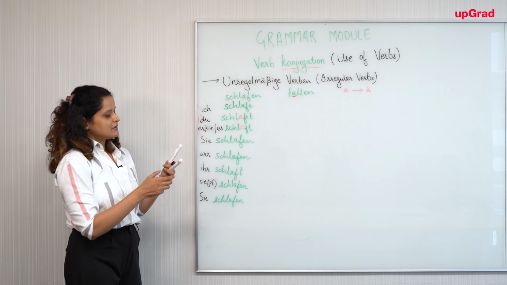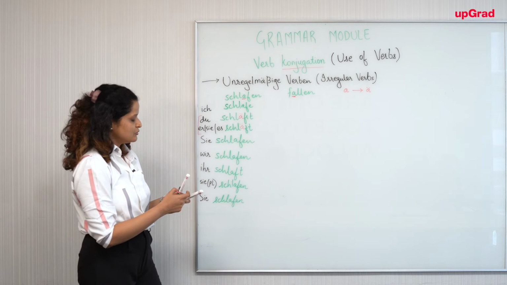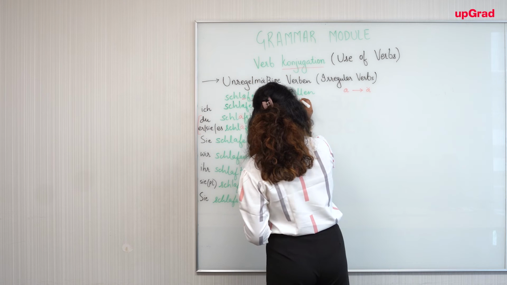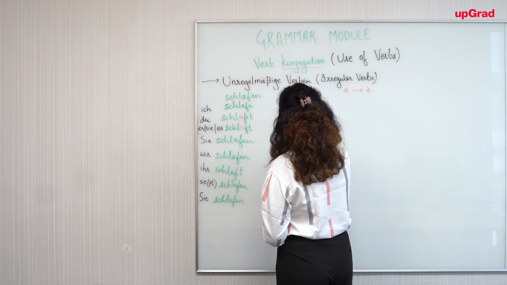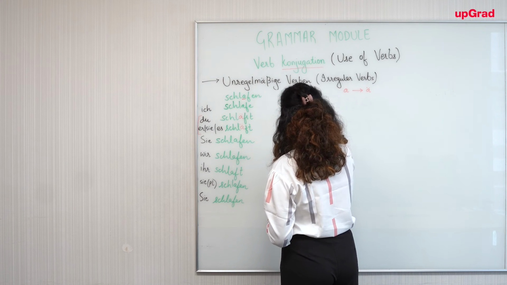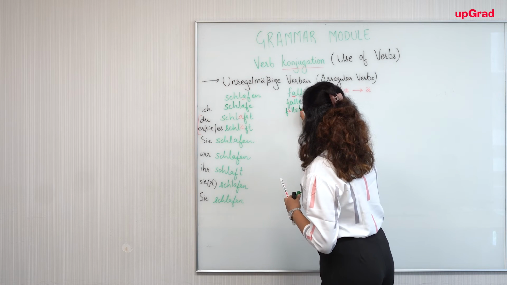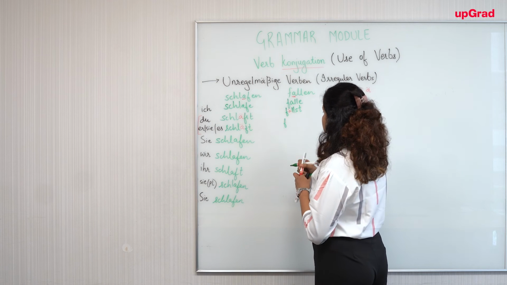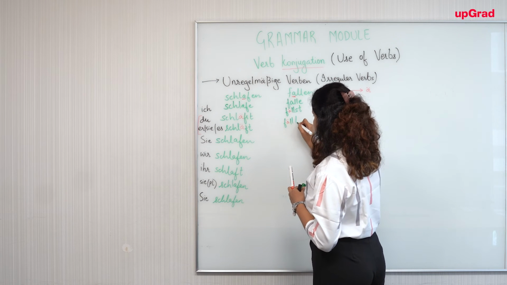Now similarly, the conjugation of fallen will also have an a umlaut at du and sie es. So the conjugation becomes ich falle, du will become fällst with an a umlaut, sie es will become fällt.